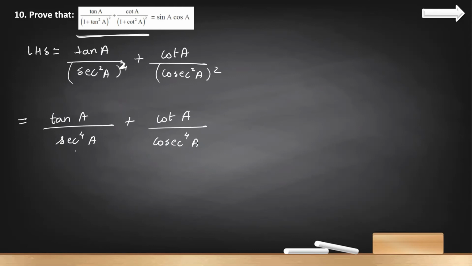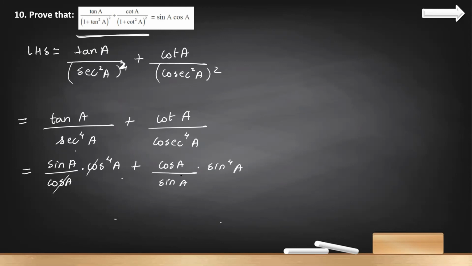Right? Now, how do we proceed with this? Again, if I convert this into sine and cos, so tan A is equal to sine A upon cos A, and 1 upon sec is equal to cos. So this will go up as cos to the power 4A, plus cot A can be written as cos A upon sine A, and cosec is the reciprocal of sine, so I can write this as sine to the power 4A.